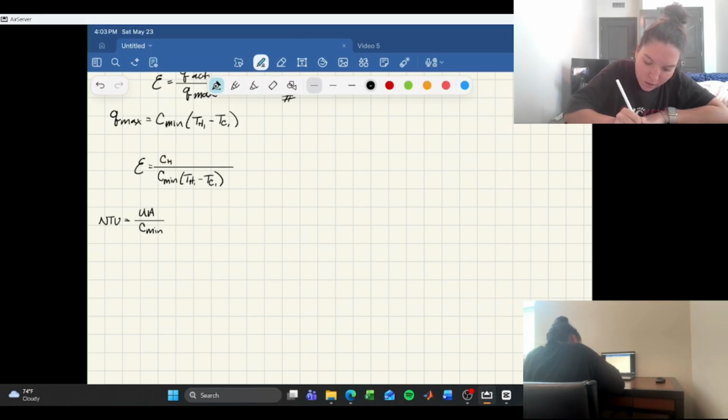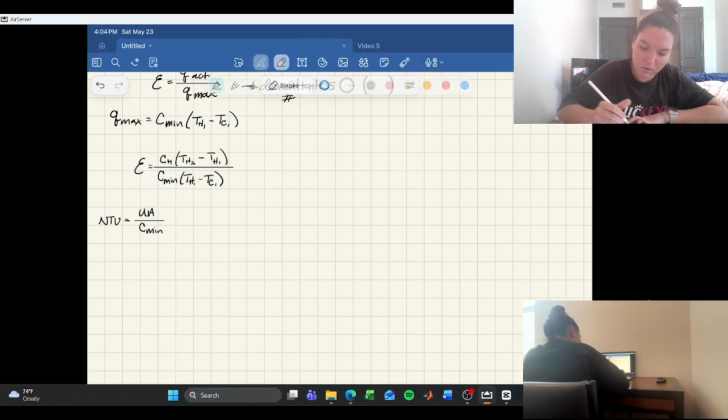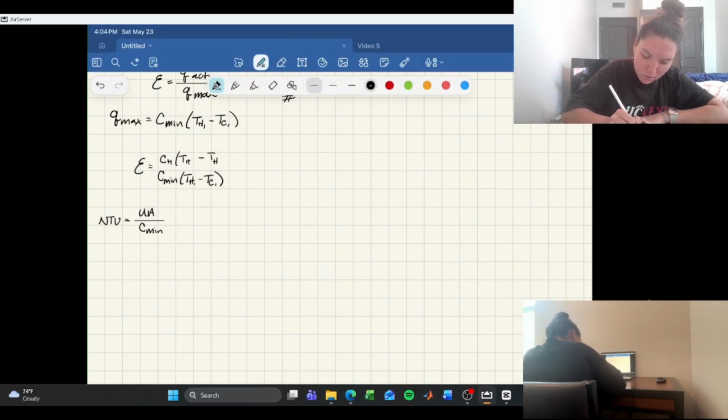And then up here also, we know that Q, we said earlier, was equal to the mass flow heat capacity times the temperature of the hot stream coming out minus the temperature of the hot stream in. Or rather, this was the opposite. Okay?